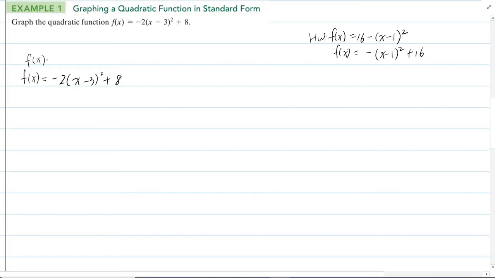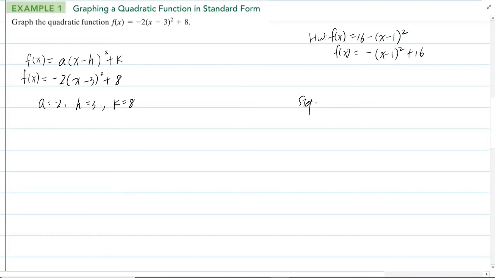The standard form is f of x equals a(x minus h) squared plus k. Take a look. From here, I know our a is negative 2, our h is equal to 3, and our k is equal to 8.